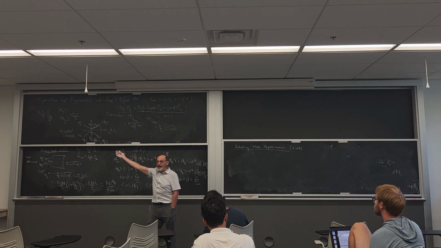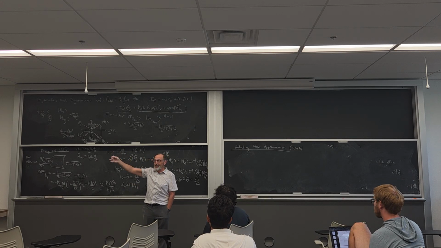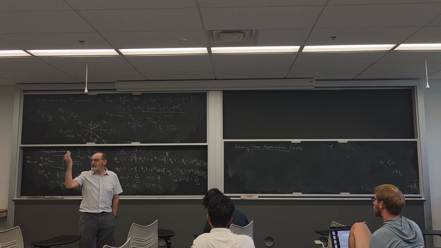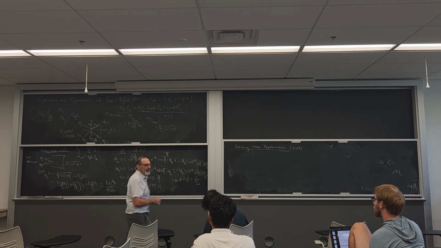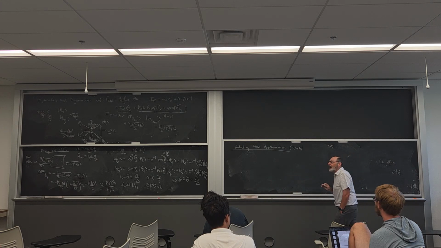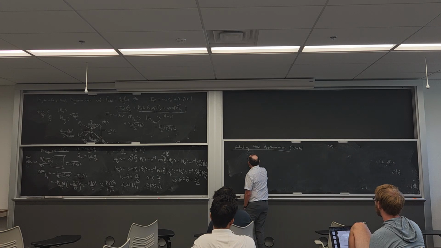We went into the rotating frame. There was no approximation. We had a static Hamiltonian. We were able to exponentiate it. We did it. Why do we need some approximation? Well, suppose I go back to the original problem. I have my static magnetic field here.